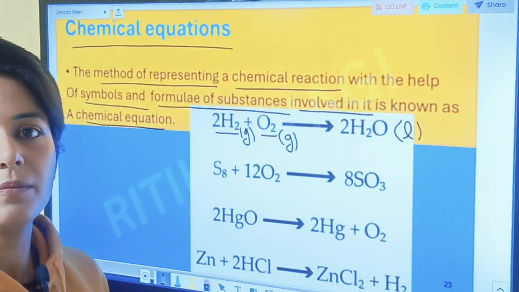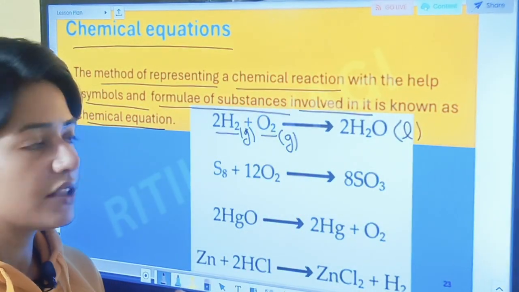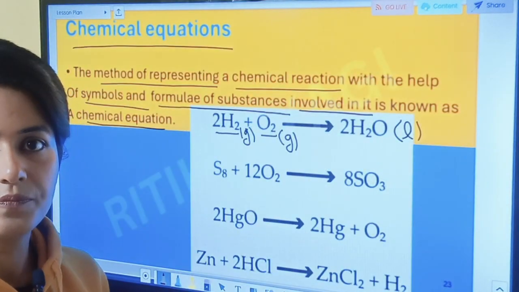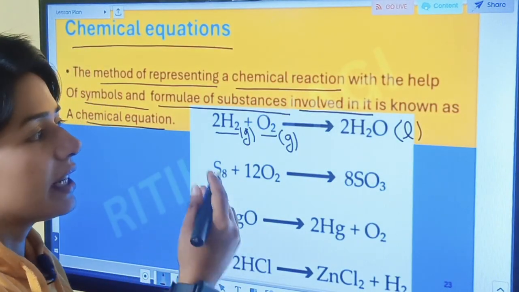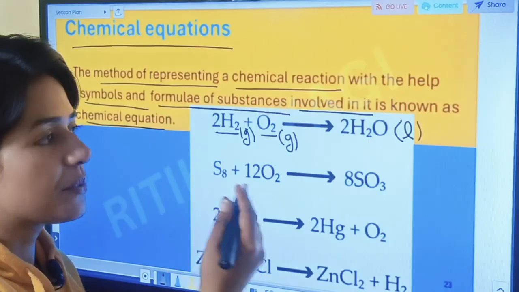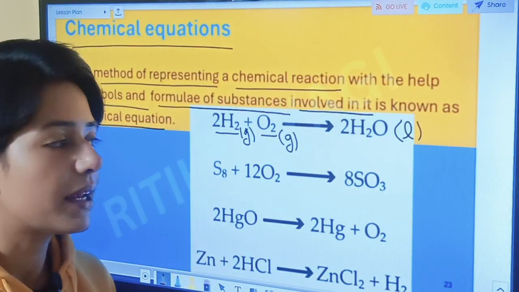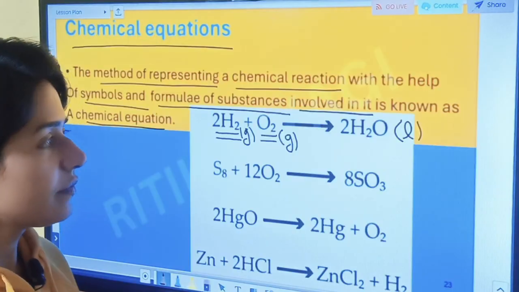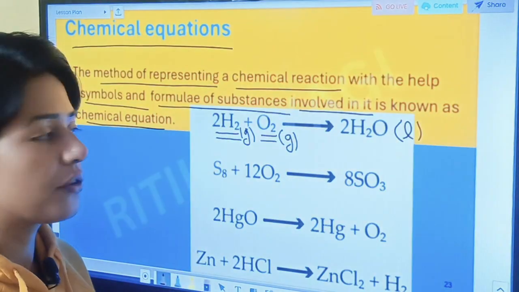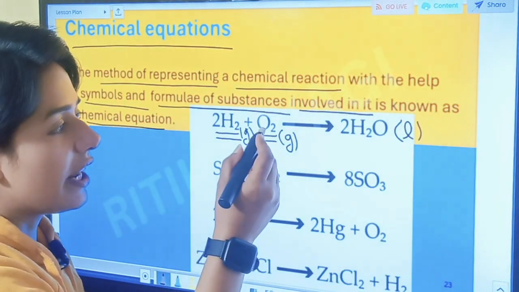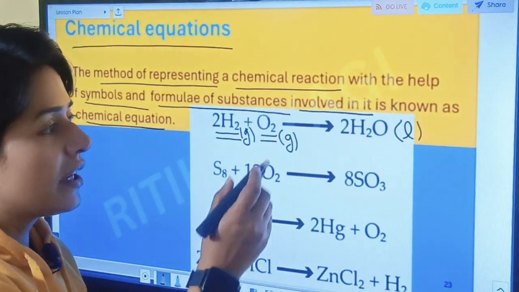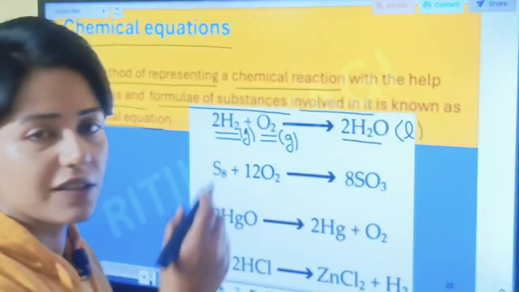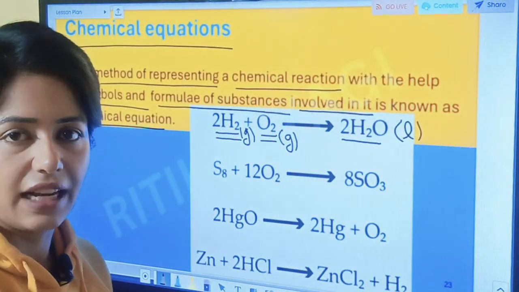Chemical equation is simply the representation of substances which take part in a chemical reaction with the help of their symbols and formulae. For example, here hydrogen is gas H2 and oxygen is also gas O2, react to form a product, that is water, liquid in state L.